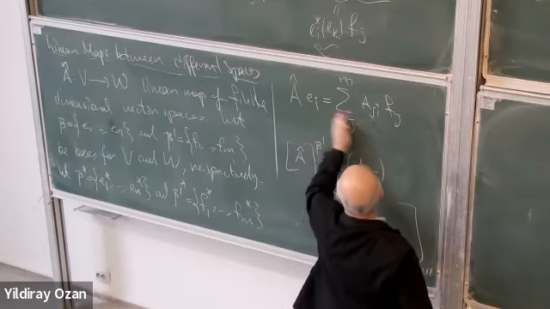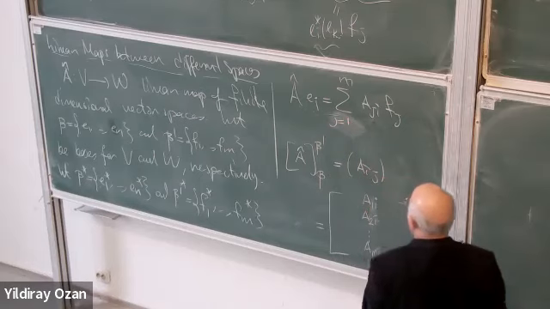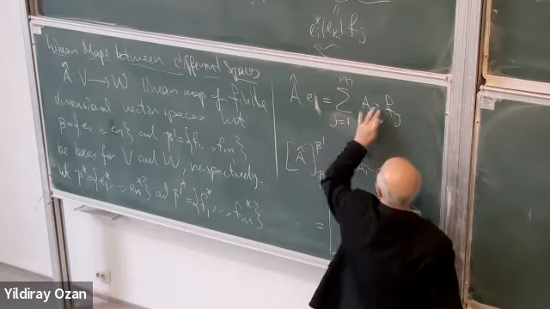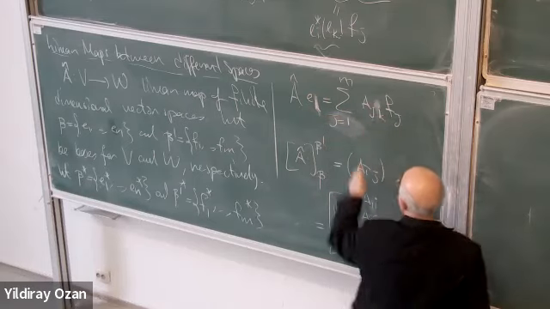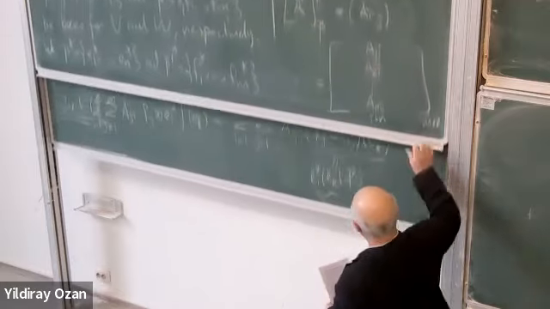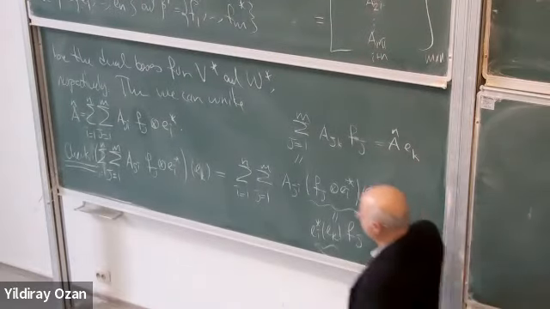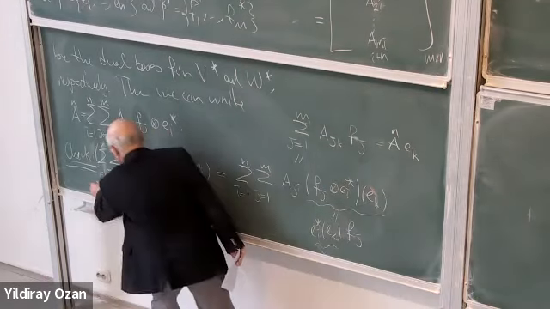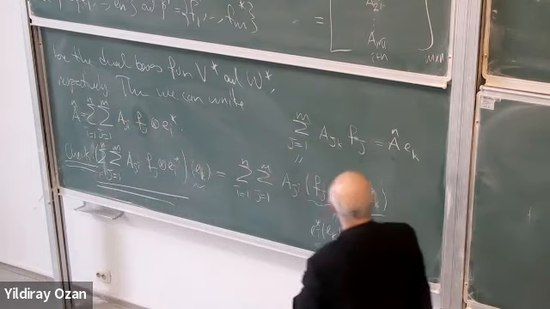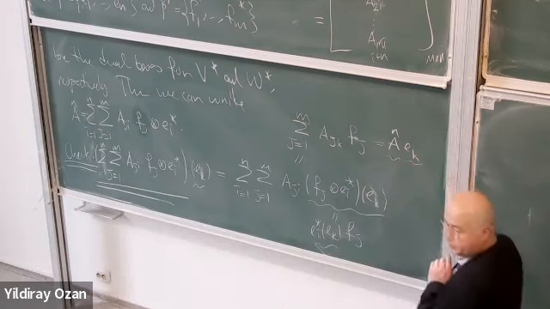Of course, instead of i I can just write k. Therefore, this is just A applied to e_k. So what we see is that this gadget applied to this vector is the same as A applied to this vector.